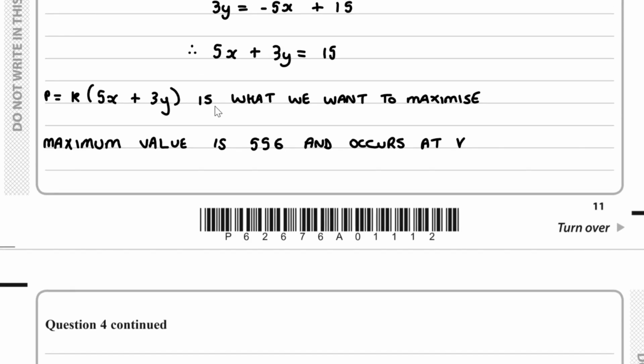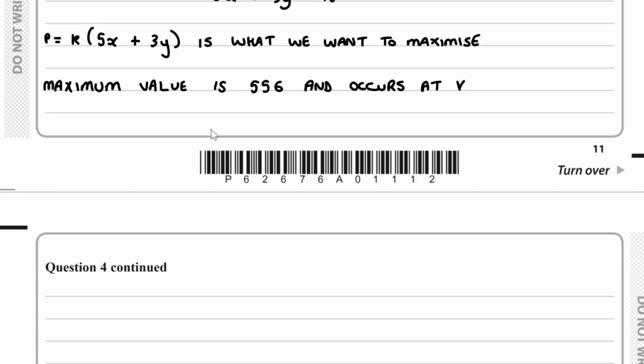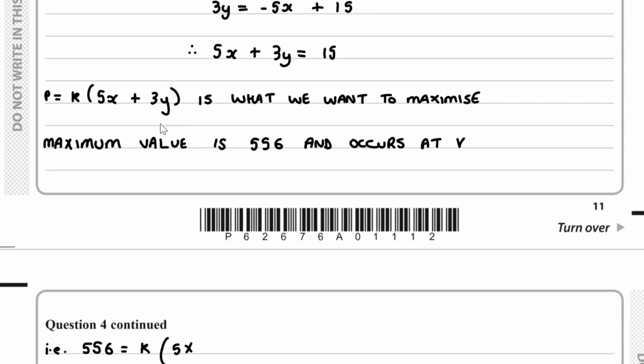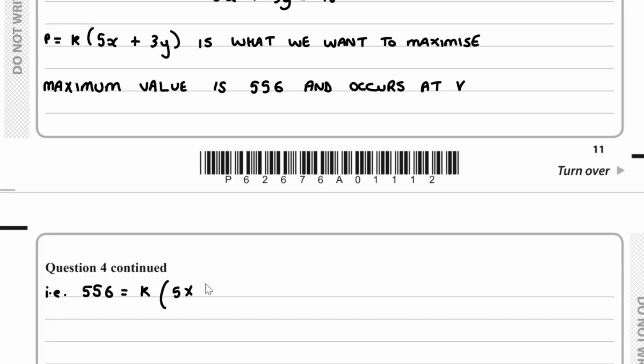So we can substitute all these in to find out what k is. So, in other words, we've got p, which is 556, the maximum value. This is equal to k lots of 5 times the x coordinate, which we've just found to be 155 over 21, plus 3 times 22 over 7.